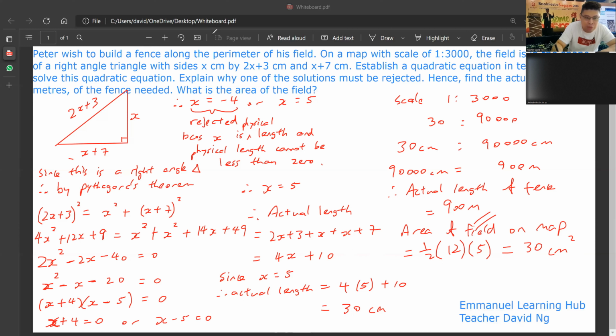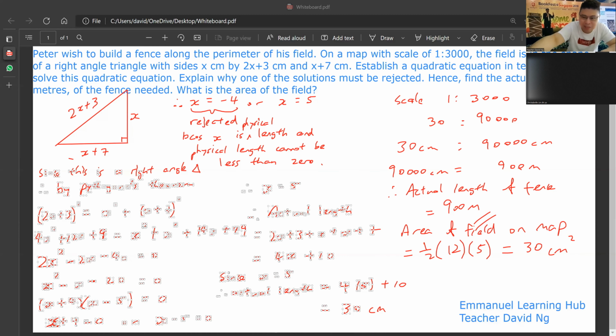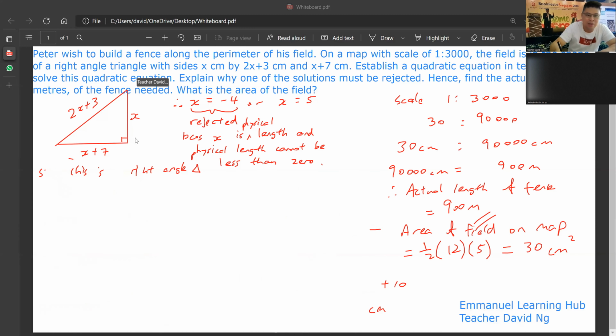Okay, I'm going to erase here because I need the space. And I still need the scale, so I keep it here first. Okay, I have the area of the field on the map, right? So the scale is 1 to 3000.